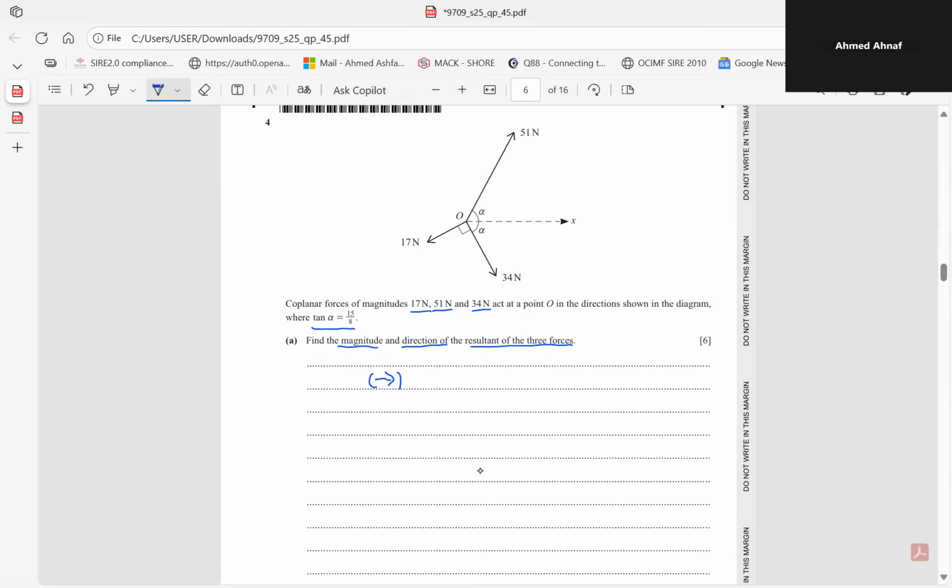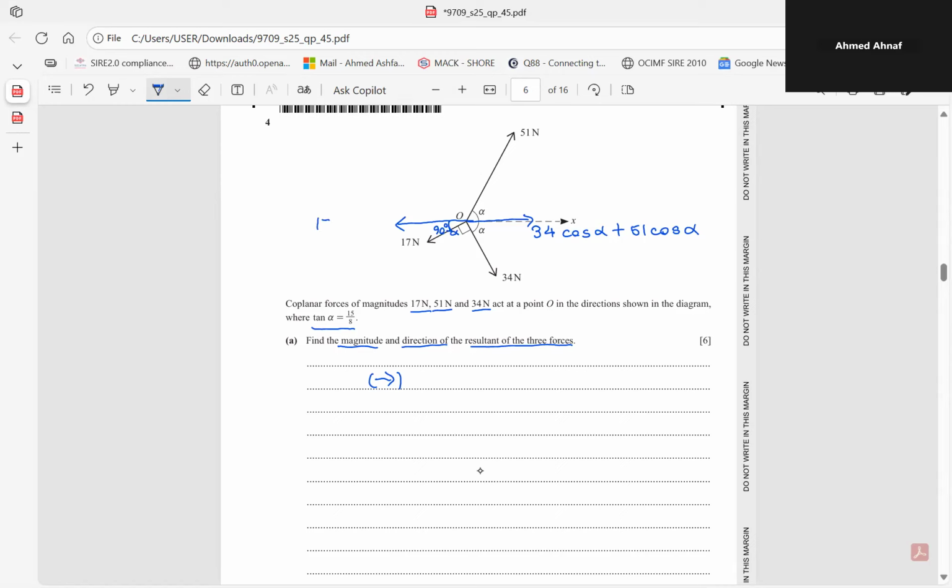So for the 34 newton force, we have 34 cosine alpha. And then for the 51 newton force, we have 51 cosine alpha. And then for the 17 newtons, this would just be 90 minus alpha.